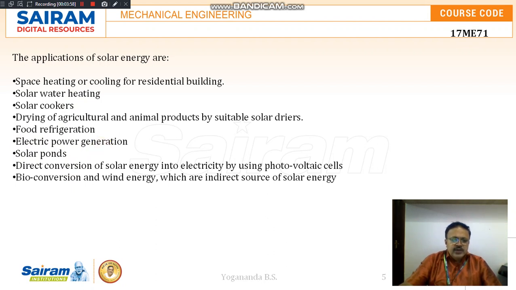Apart from this, we have solar cookers, and using suitable solar dryers, we are drying agricultural and animal products. Then food refrigeration. The perishable food items need to be maintained at a moderate temperature, so that the food will be in a safe condition for quite a longer time.